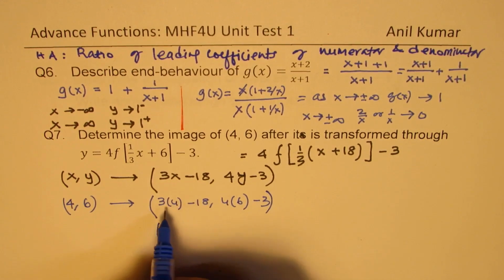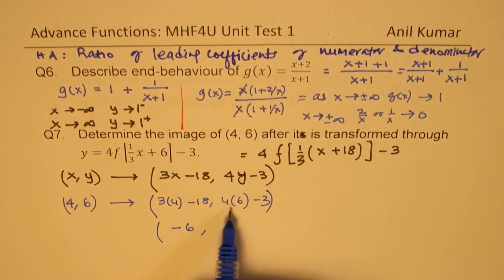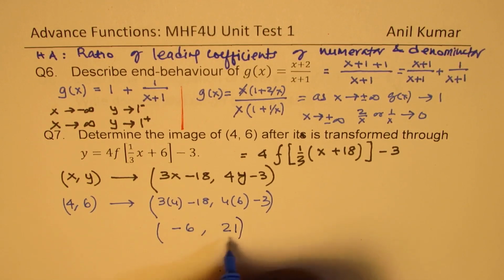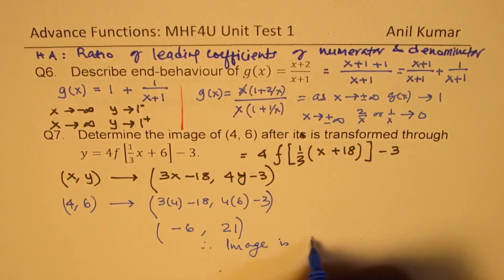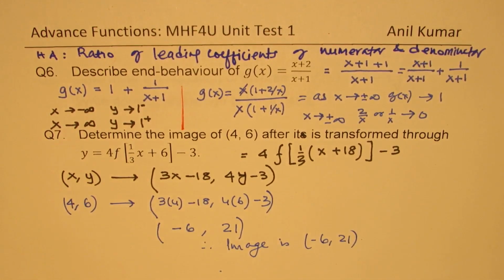And what we get here is 12 minus 18, which is minus 6, and here we get 24 minus 3, which is 21. So that becomes the image. Therefore, the image is (-6, 21). Clear? So that is how you're going to answer question number 7.